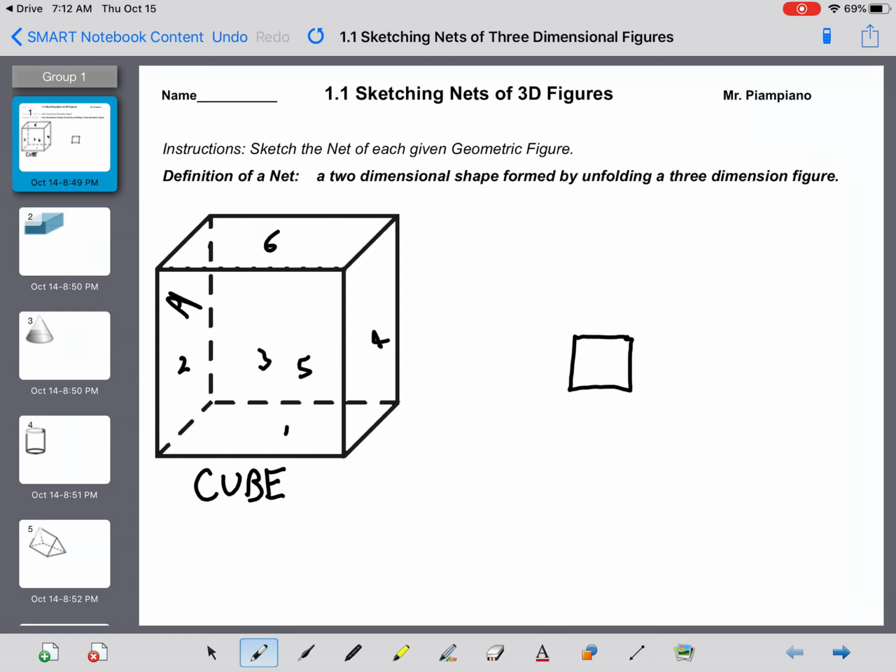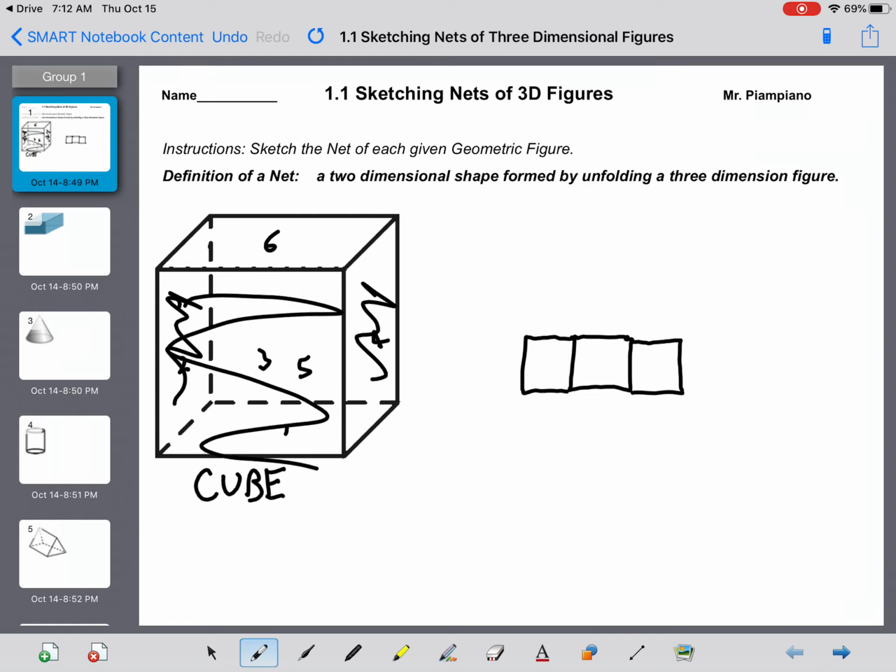If I unfolded the sides, they would go out to the left and to the right. If I unfolded the front, meaning right here, it would come down.